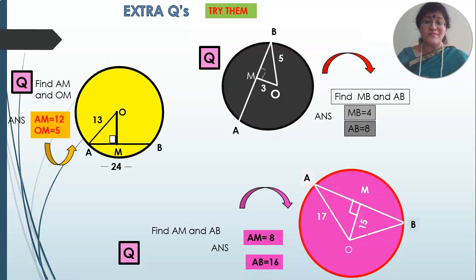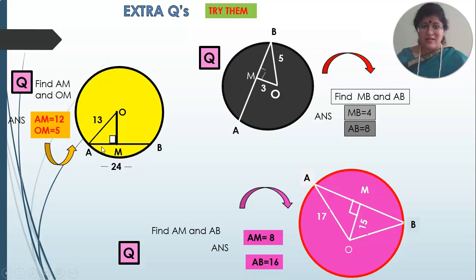So when you look at it, it should strike. Yes, you have done a theorem pertaining to it. The perpendicular from the center of the circle to the chord bisects the chord. So if this entire AB is 24, wouldn't AM be 12? So AM is 12 and MB is also 12. So here I have mentioned AM equal to 12.